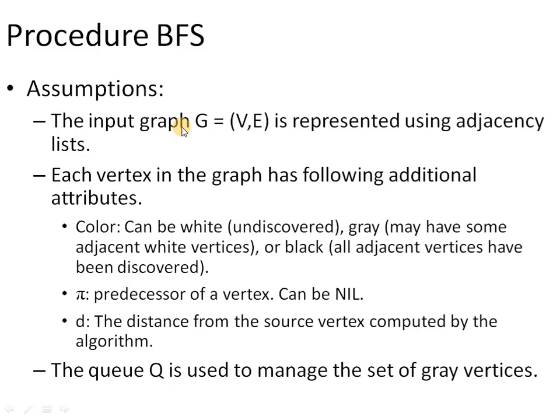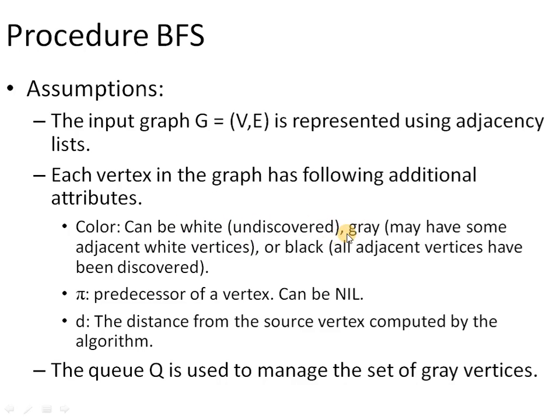First thing, we have to represent the graph in the computer's memory, and we are assuming that the adjacency list representation is used in order to represent a graph. Then corresponding to each vertex, we are maintaining a few attributes. Basically 3 attributes, and the first one is the color. The color of a vertex can be white if it is not explored yet, that is undiscovered.